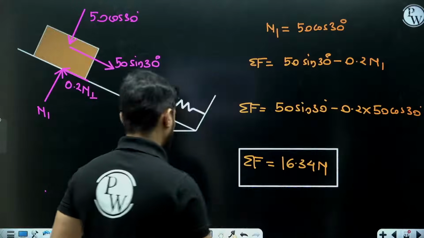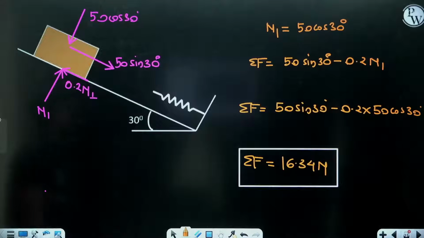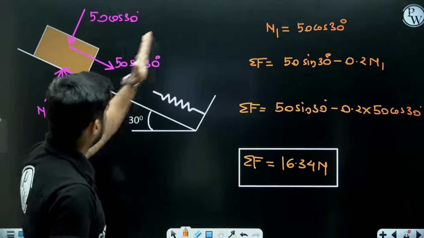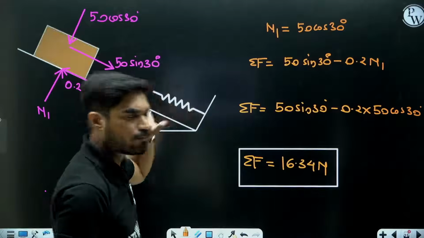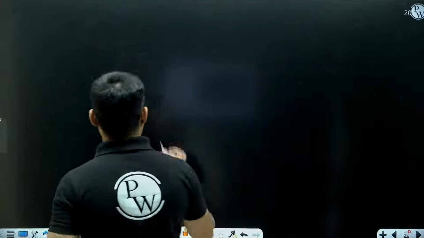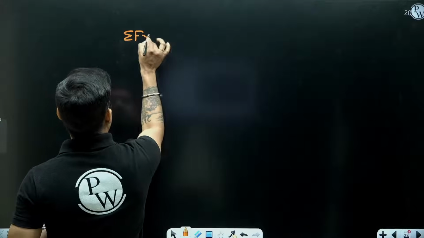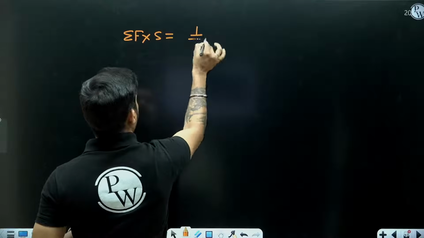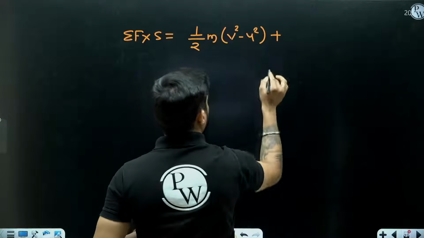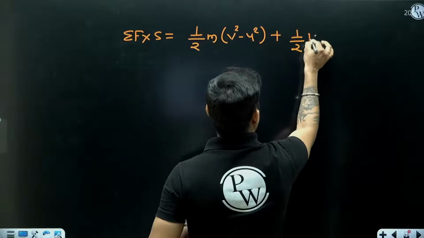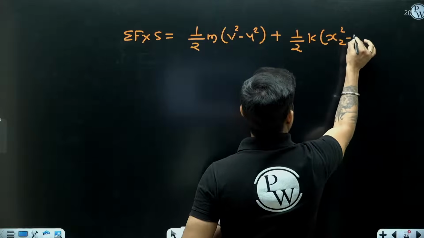Now, we will apply the work energy equation between this state and when the spring gets compressed maximum, means when the block comes to rest again. So summation of F into S will be equal to half m (v square minus u square) plus half k (x2 square minus x1 square).